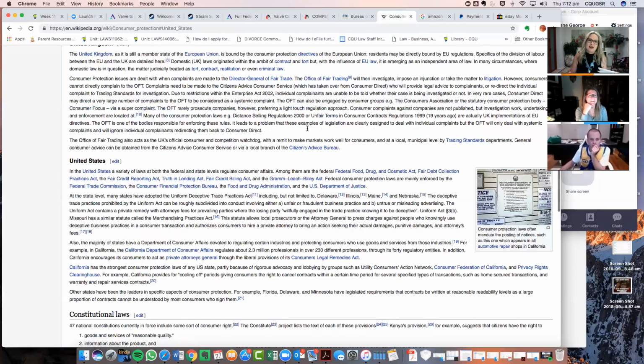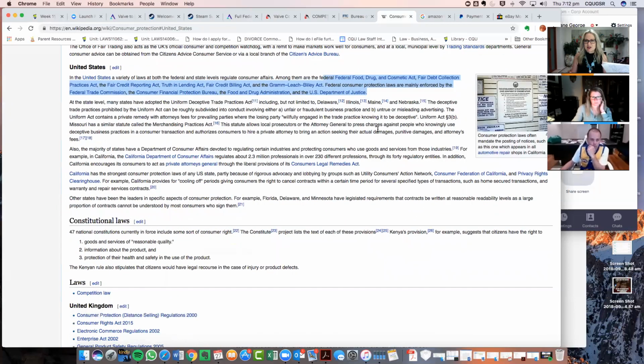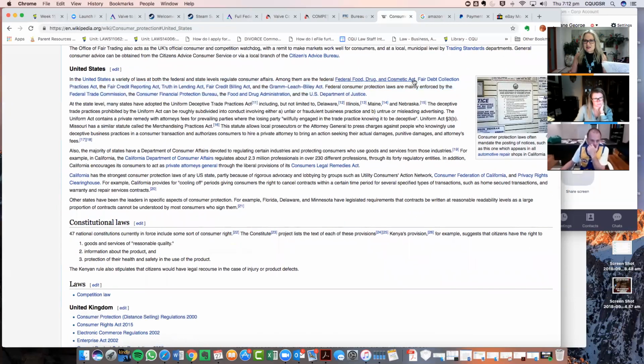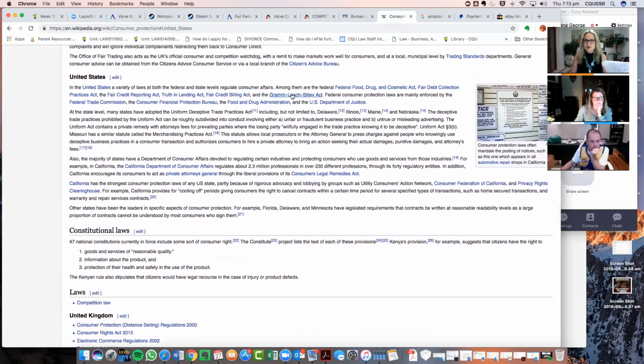And this is why it's still all the same as it was when the Malbon article was written. So there's just this plethora of laws that are split amongst all of the various different issues that you would come across as a consumer.